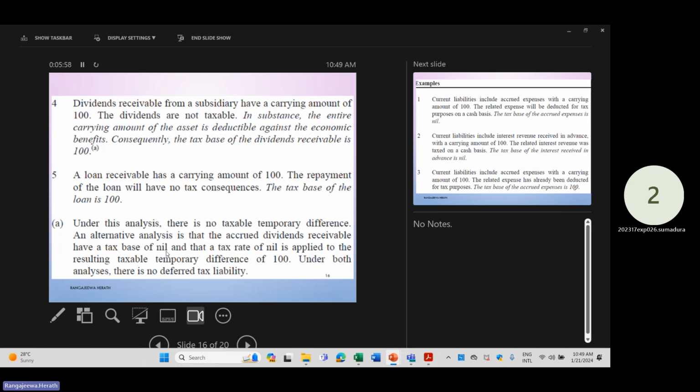So then the tax base is 0, nil. Then there's a difference: carrying amount 100, tax base 0, a 100 difference. But you apply a 0 tax rate. Tax rate is nil. So there is no deferred tax value, right?